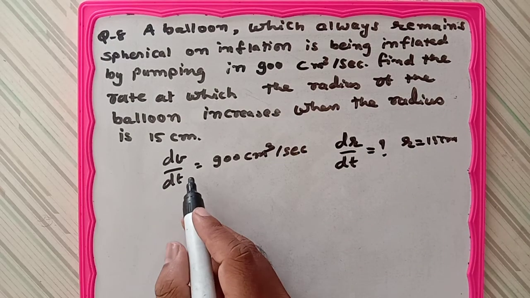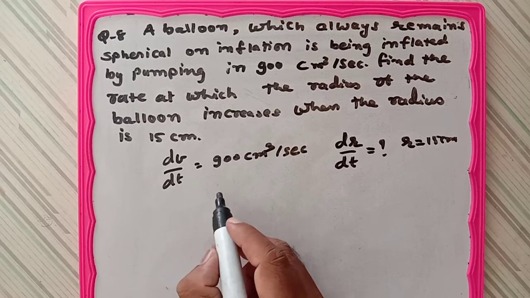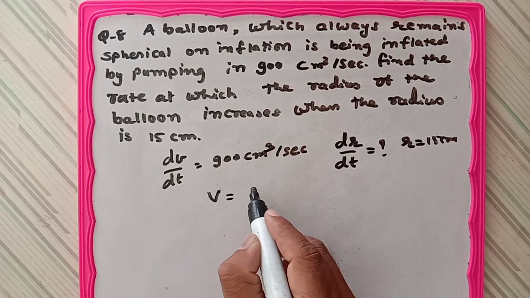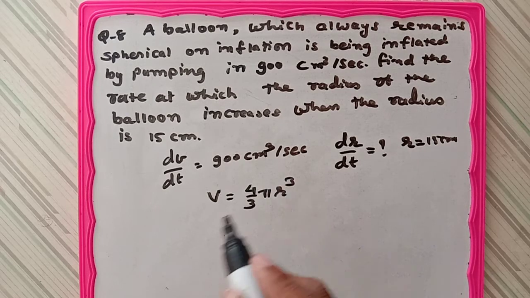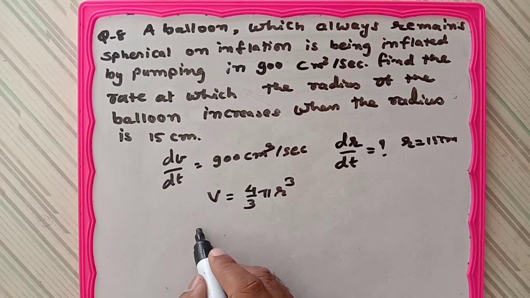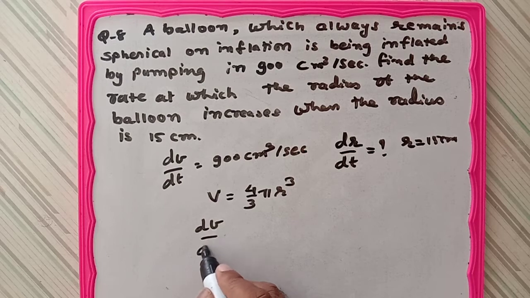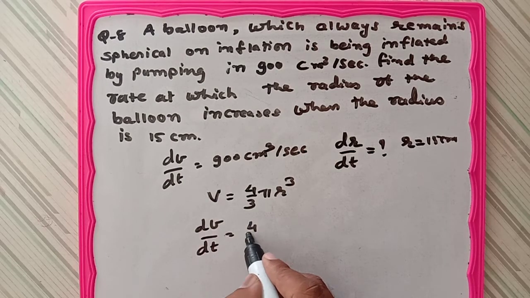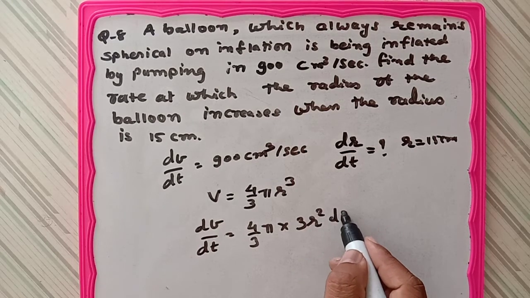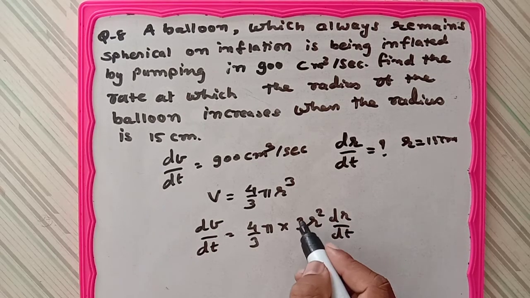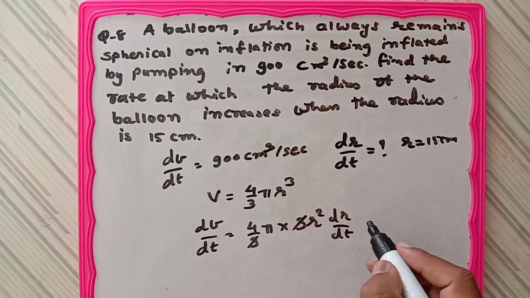Now the balloon is spherical, and the volume of a sphere we know is 4/3 pi r cube. With respect to time we take the differentiation, then dV/dt equals 4/3 pi into 3 r squared dr/dt. So 3 cancels, and substituting the value of dV/dt, 900 over 4 pi r squared equals dr/dt.